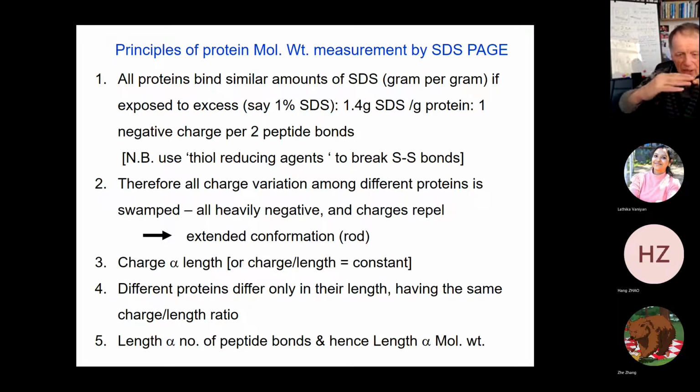You have this swamping one negative charge per 2 peptide bonds caused by the binding of the SDS.